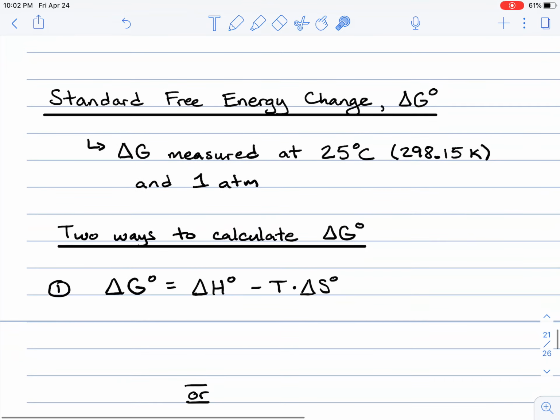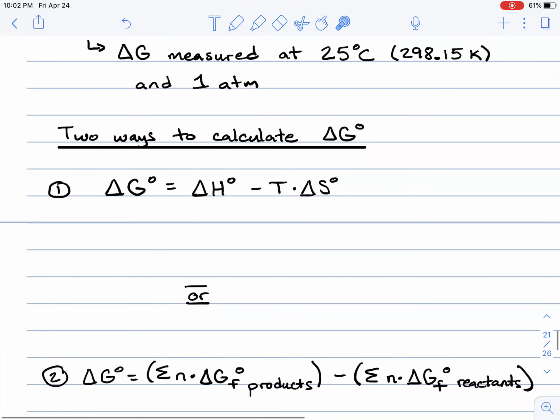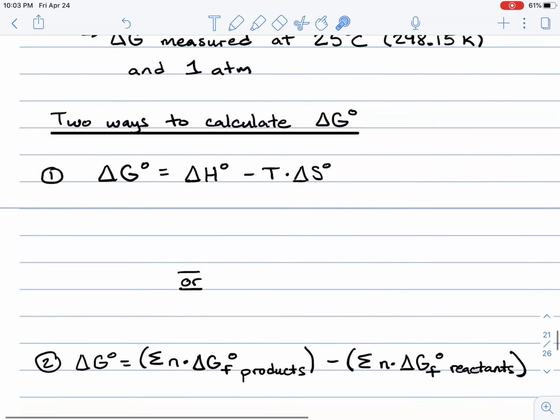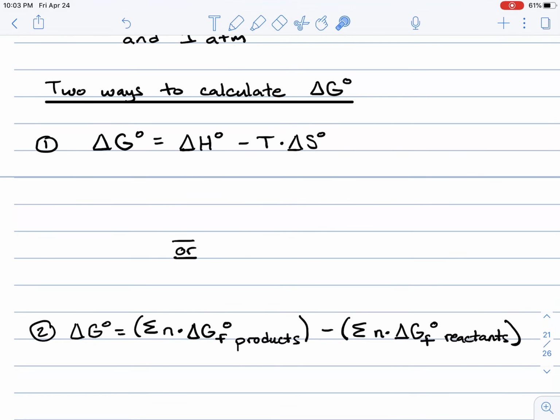Now, another way for you to calculate the standard free energy change is going to be a modification of Hess's law. We've seen Hess's law modified for entropy, and we're also going to do it again for Gibbs free energy.